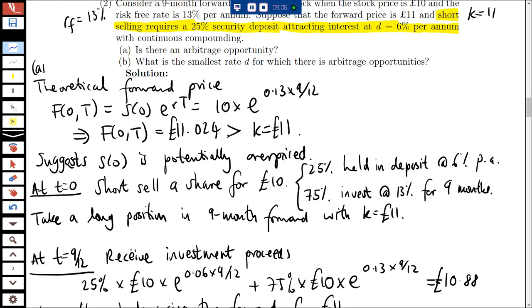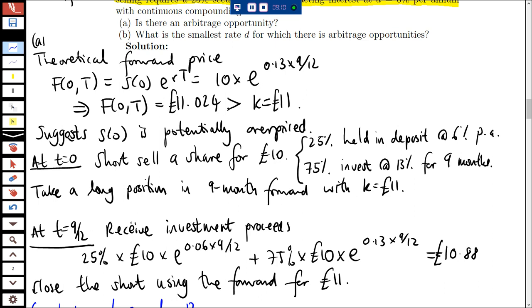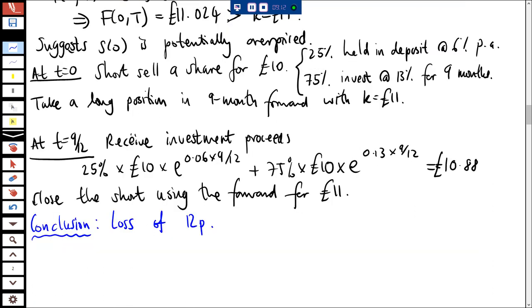Okay, so if we go back to the question, is there an arbitrage opportunity? The answer, no. There's no, in the sense that there's no arbitrage opportunities available. Okay, so that deals with part A.